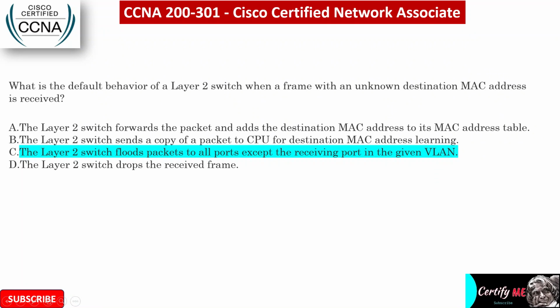Option B. The layer 2 switch sends a copy of a packet to CPU for destination MAC address learning. Option C. The layer 2 switch floods packets to all ports except the receiving port in the given VLAN. Option D. The layer 2 switch drops the received frame. Option C is the correct answer. Next question.